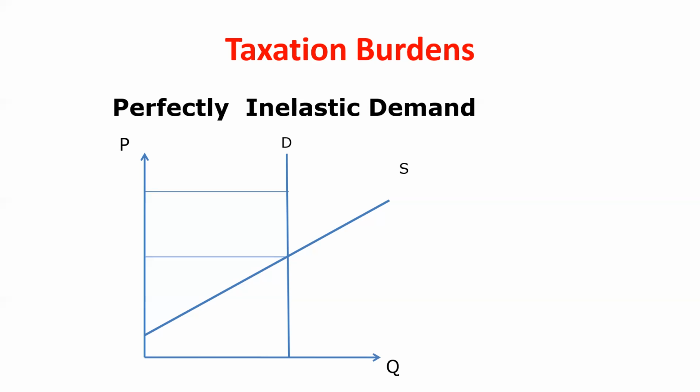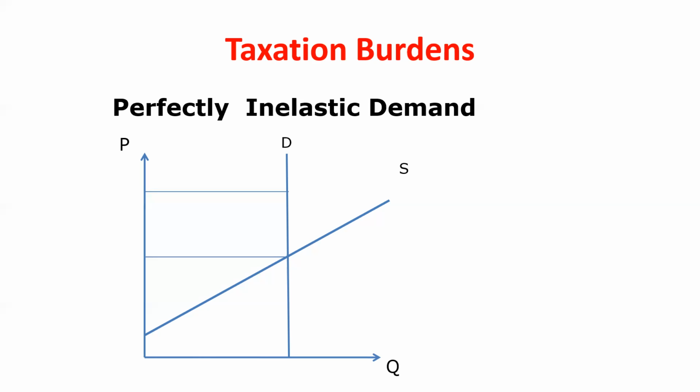You can think about the new consumer surplus as this green area, which means what used to be consumer surplus is now going to become tax revenue or government surplus, right? So all of the tax revenue is coming just from that blue area, or just from consumer surplus.